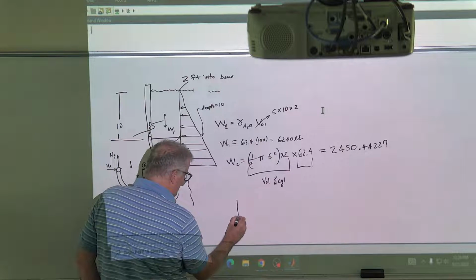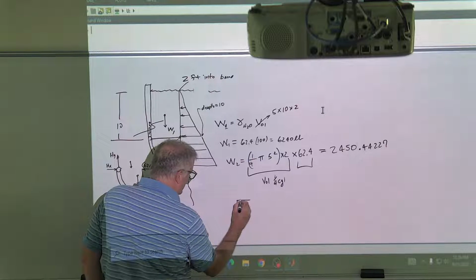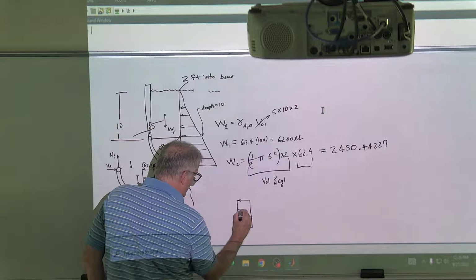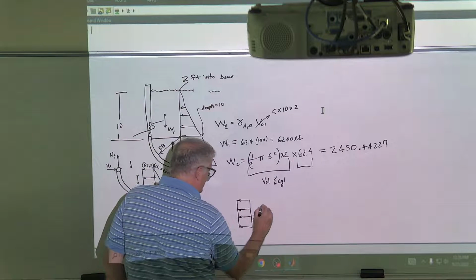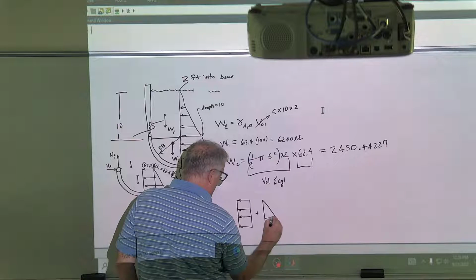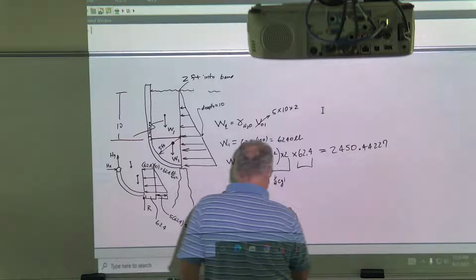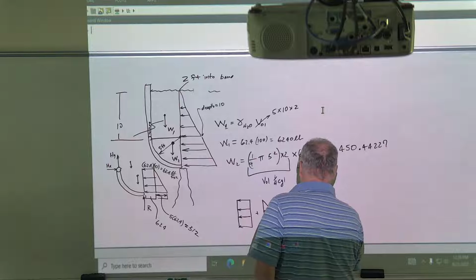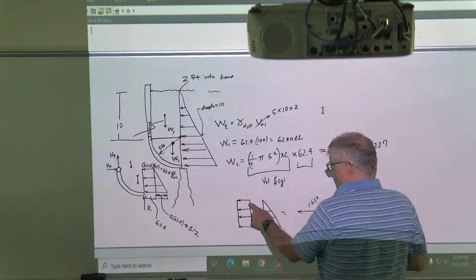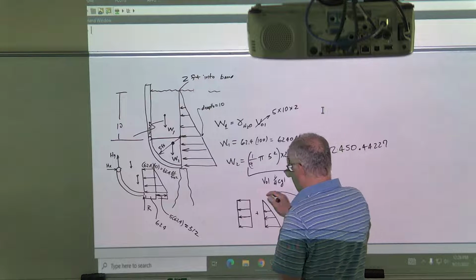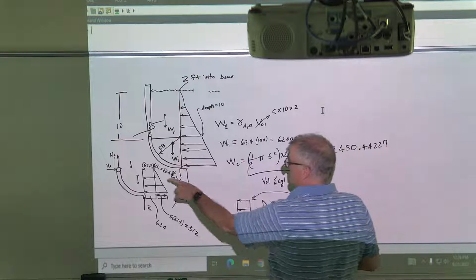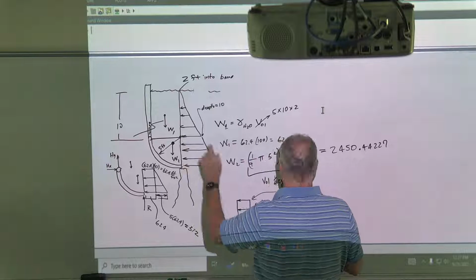I'll focus on this: a uniform load plus a triangular load will equal one major load that is 624 times the area, which is 5 by 2.